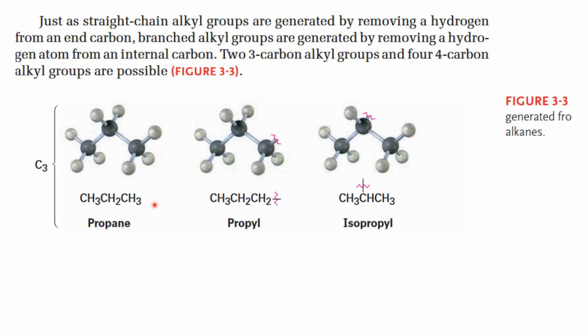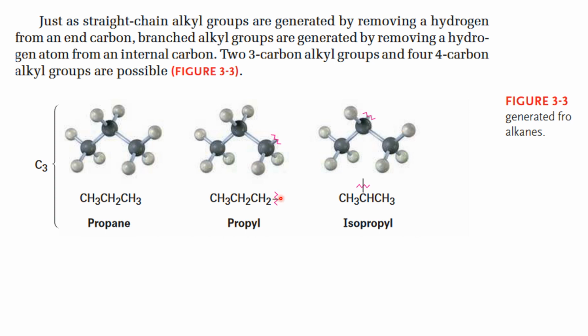A straight chain alkyl group is like this one, shown in the previous slide. This is the propyl group. The hydrogen is removed from the end carbon.